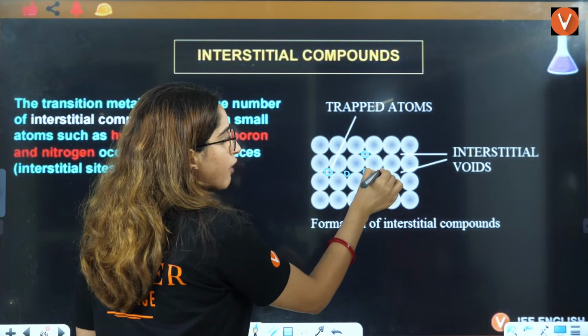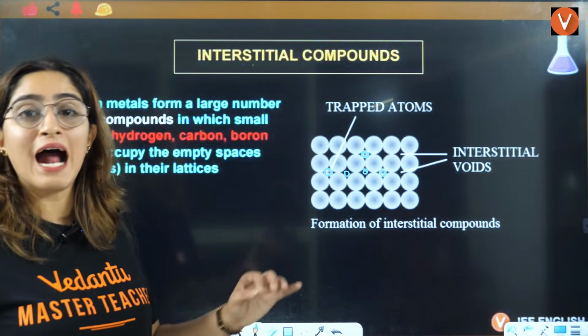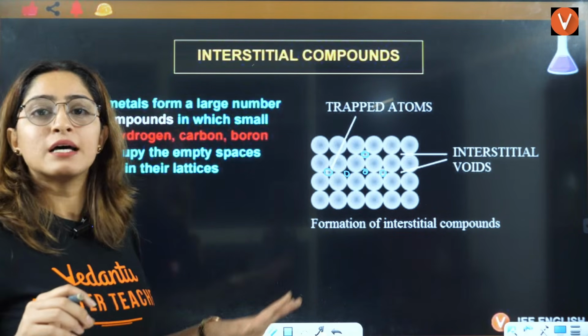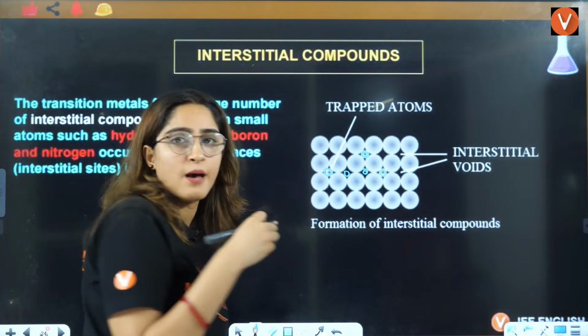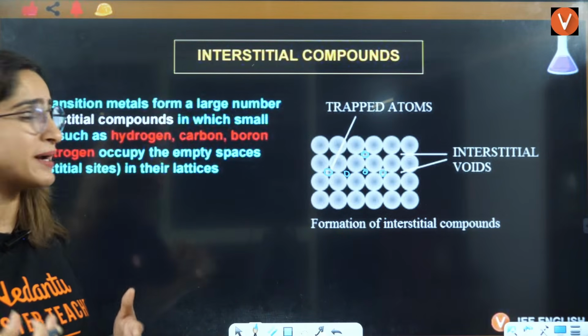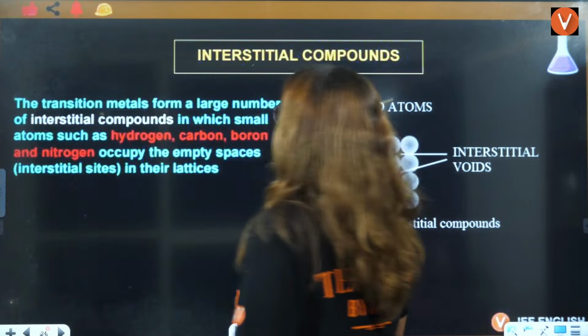In those voids, some other atoms can be fixed. When you fix some non-metals or metals in these voids, that is called an interstitial compound.